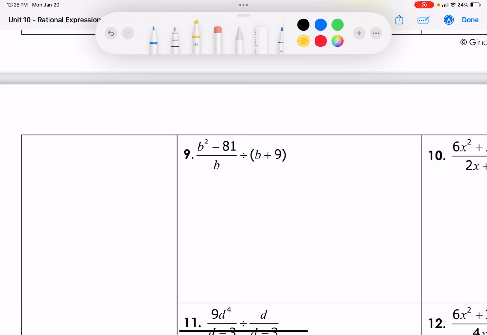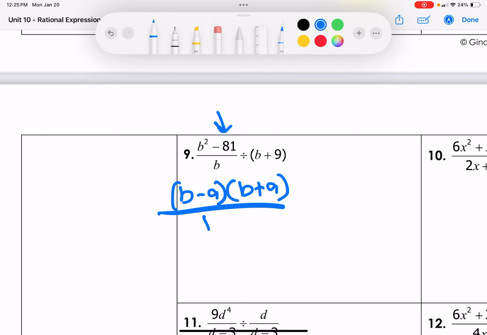All right, look at 9. Perfect square, right? 81 is a perfect square. So first I'm going to factor out my left side. I got b minus 9, and b plus 9 over b. Now I'm multiplying times the reciprocal. So if this is just a whole number, b plus 9, now this becomes 1 over b plus 9.